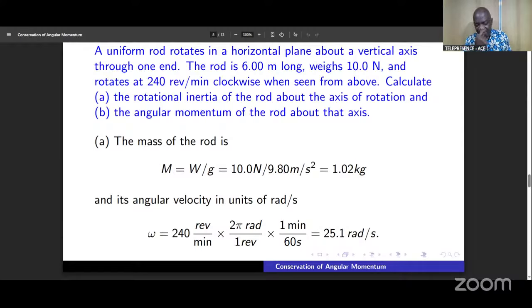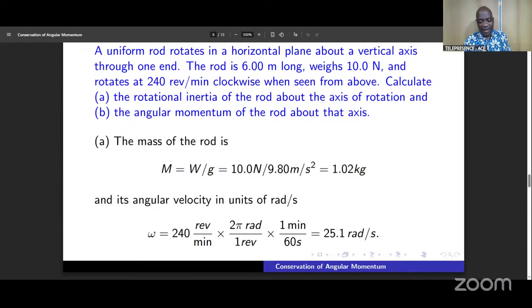So from the information given, we merely need to convert 240 revolutions per minute to the SI unit of angular frequency. Okay, so 240 revolutions per minute.